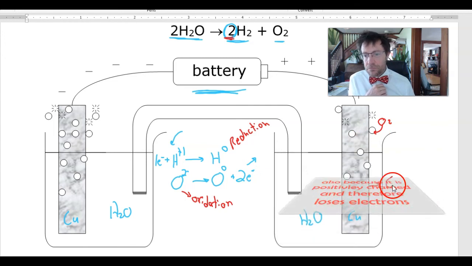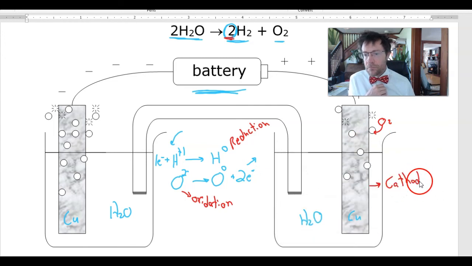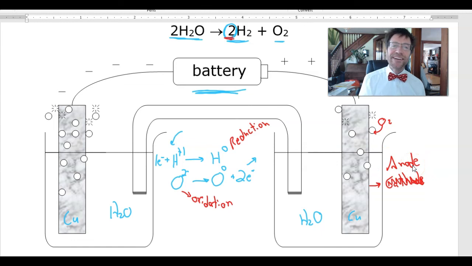Cathode. Wait, oxidation. Good catch. Anode. Man, I made a mistake. But I caught myself by saying Leo says Ger, red cat and an ox, electrons roll downhill. Red cat and an ox.